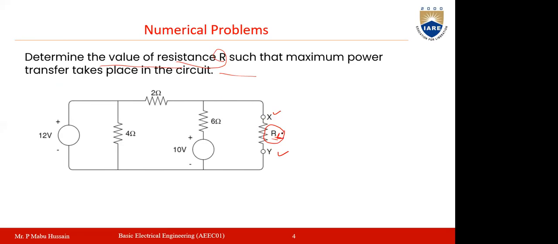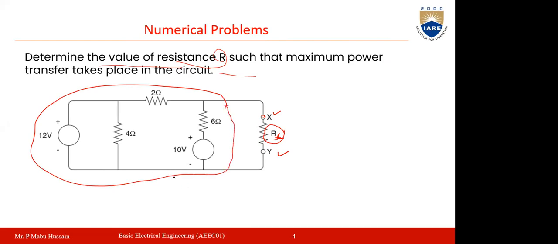Assume that this R is your load resistance, with terminals X and Y. Between X and Y you have this total circuit, which by Thevenin's theorem you replace with the Thevenin equivalent circuit, in which one voltage source V Thevenin is in series with one resistance R Thevenin.